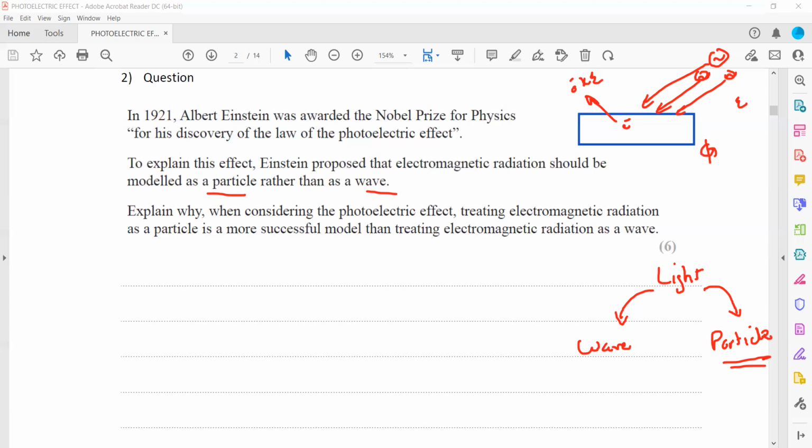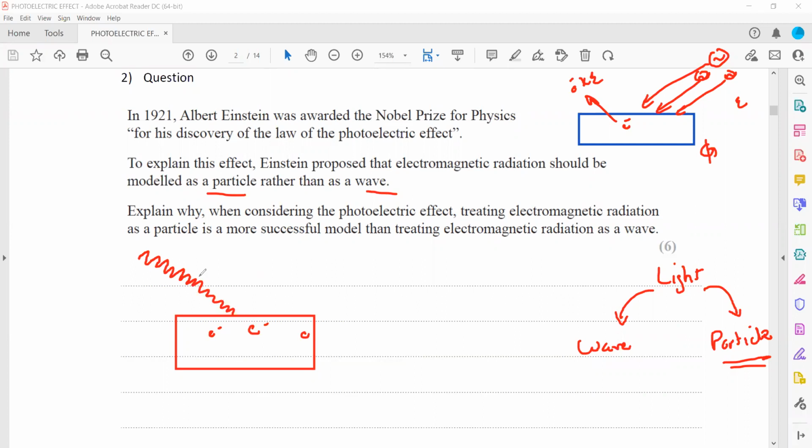according to wave nature, because a wave is like a continuous supply of energy, if light were having a wave nature, it could not explain the photoelectric effect. It can only be explained by particles. For example, if there is an electron here in the metal and light was behaving like a wave, then what should happen?